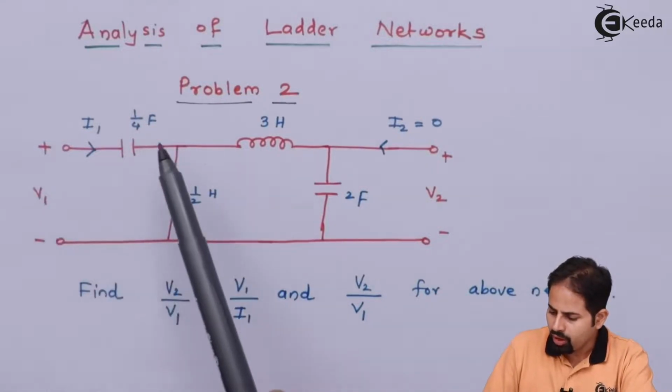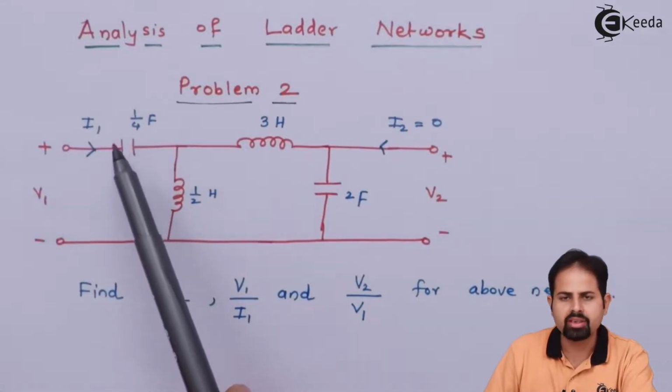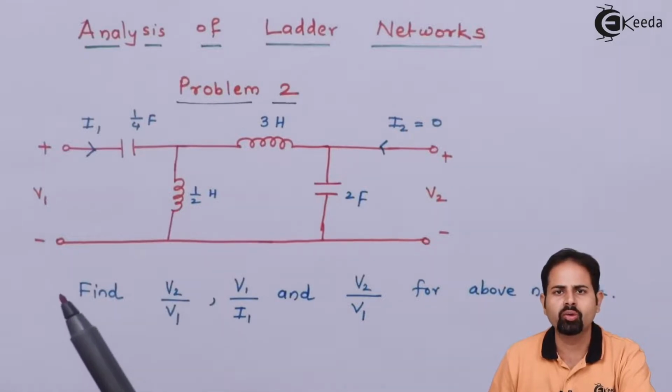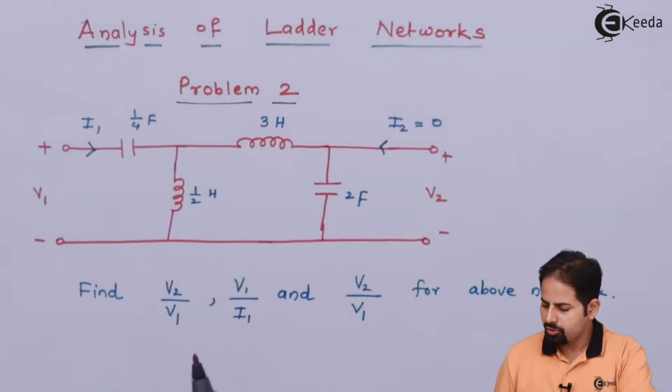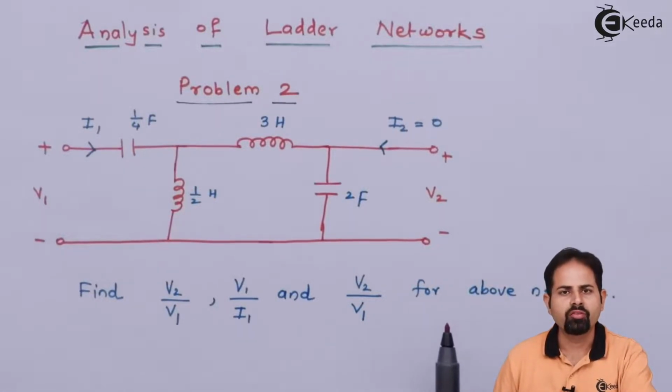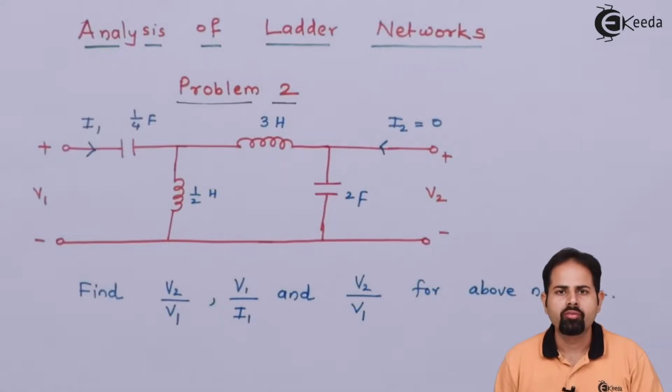So what we will do, we will first write these parameters with their impedances. We know how to represent a capacitor as well as an inductor with its own impedance. So we will find these parameters, but before that we will represent all these inductors and capacitors with their respective impedances. So let us represent them in another circuit.